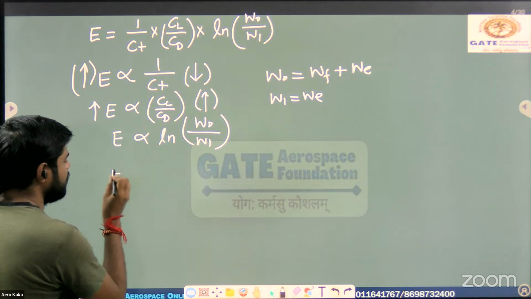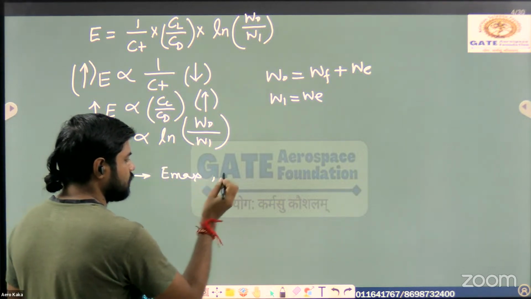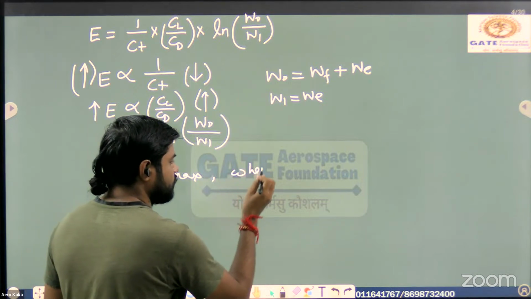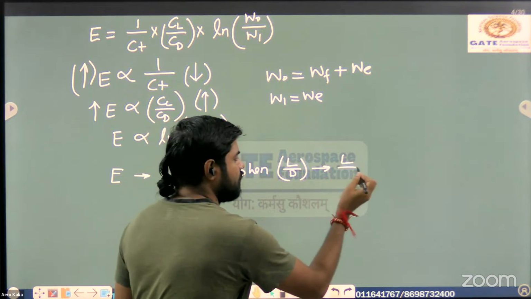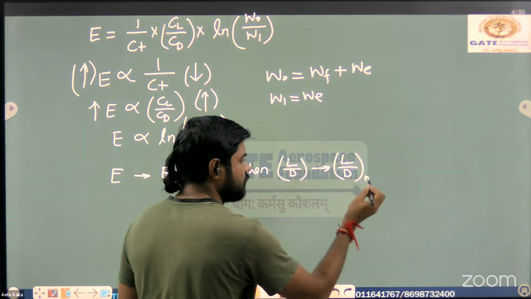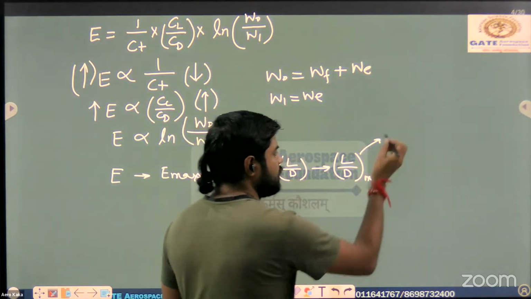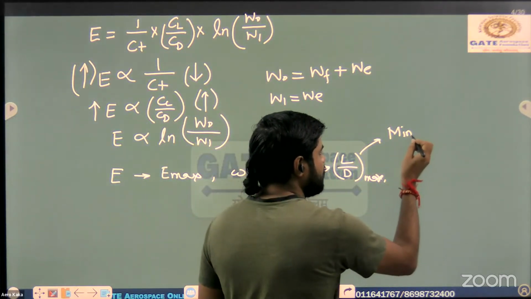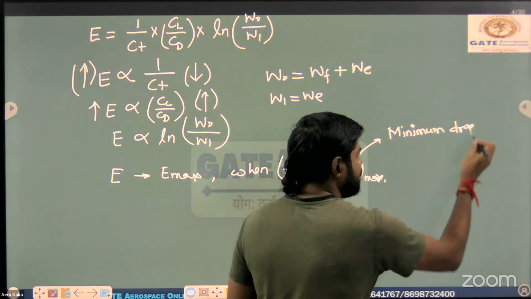Now from here, you can write E tends to E max when L by D ratio becomes L by D max, right? So which condition is this? We generally call it the minimum drag condition.